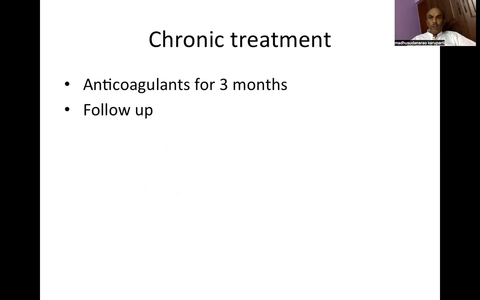This is followed by the chronic treatment. Chronic treatment is given in order to prevent recurrence. Well, the recurrent pulmonary embolism, the major cause is failure of following chronic treatment.